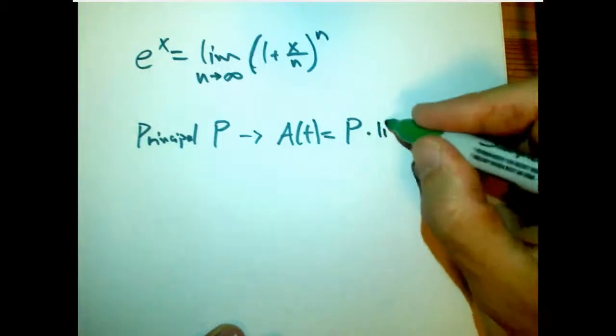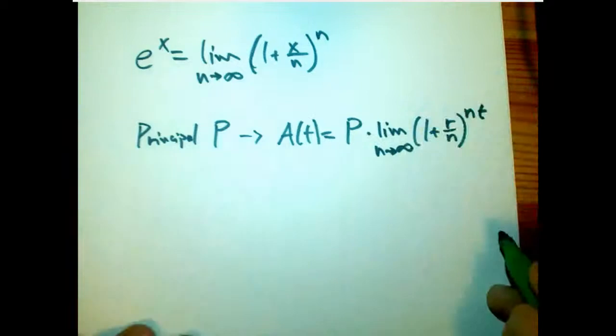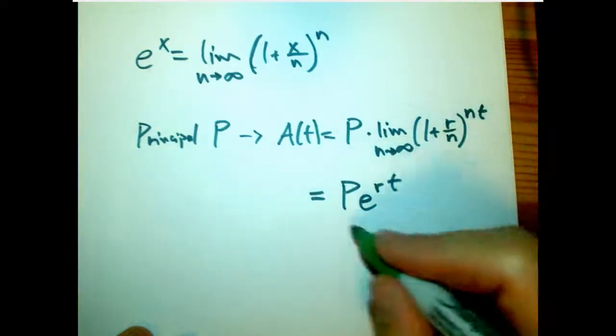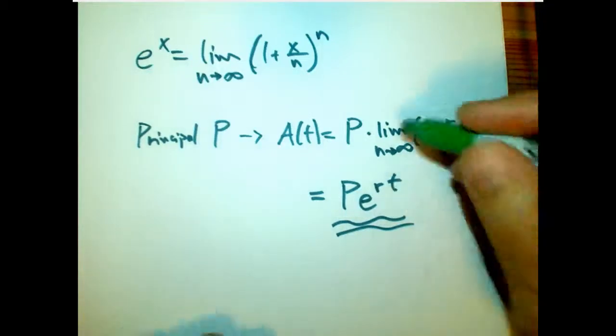The cool thing is when you take the limit as n goes to infinity to represent continuous compounding. This is a very famous formula, at least among my students and most high school students: PERT.